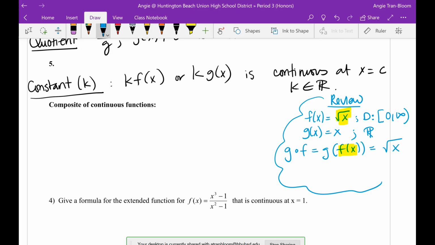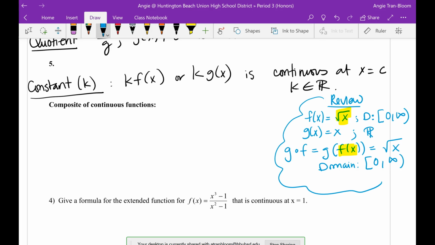What's the domain of this composition? Yes, it is 0 to infinity. So we did all the algebraic work. Now let's talk about the domain, which is where it's continuous. The radical, which is the f of x function, is continuous from 0 all the way to infinity. The g function is a line, continuous always.